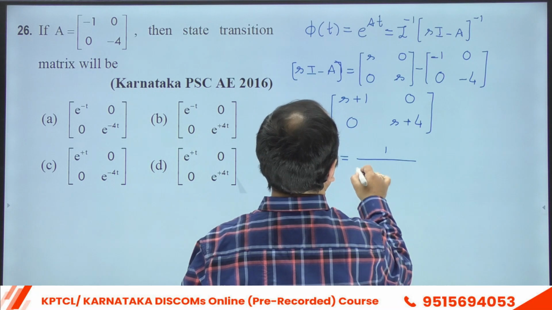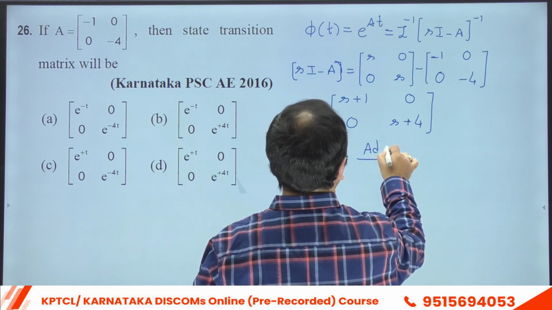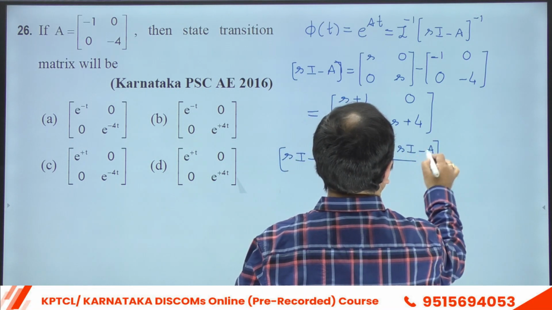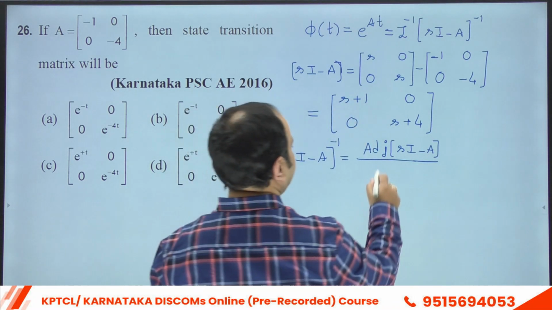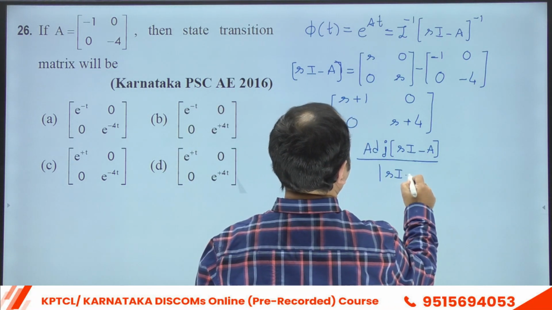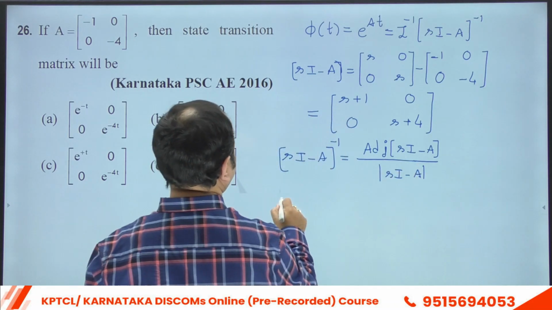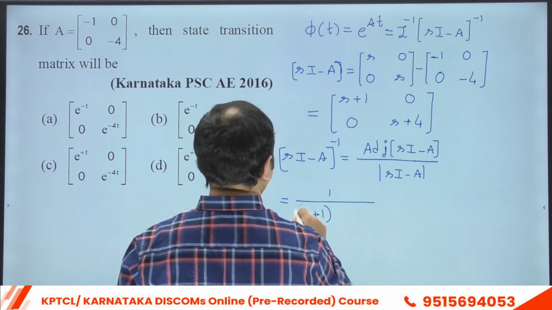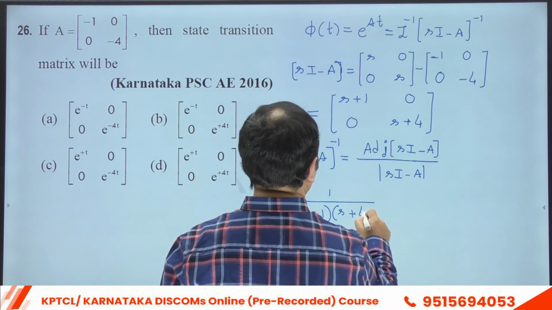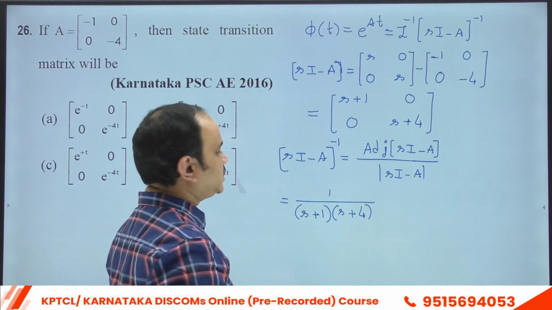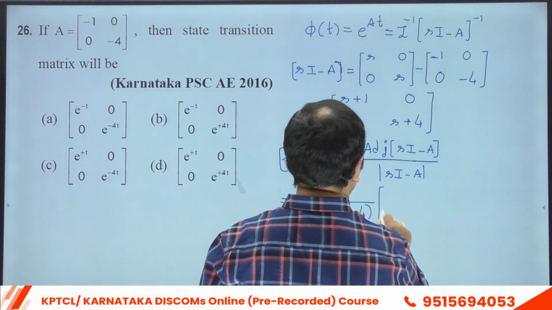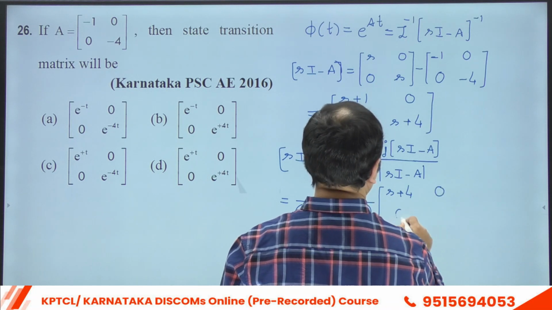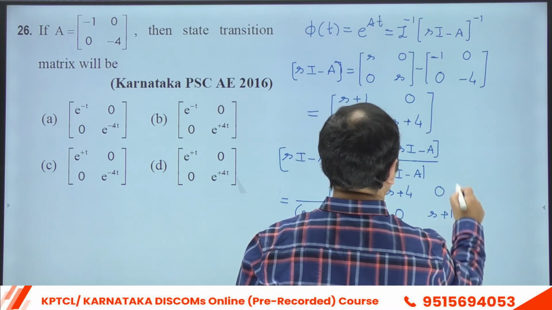So for this, first the determinant. Numerator, what should I write? Adjoint of sI minus A. Denominator, determinant of sI minus A. Therefore, 1 by (s+1)(s+4) multiplied with the adjoint [s+4 0; 0 s+1].